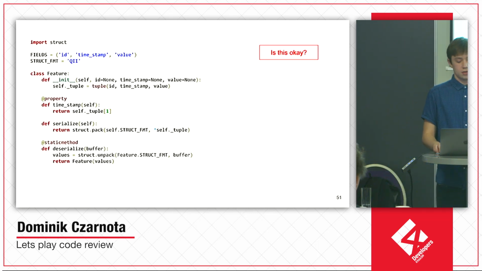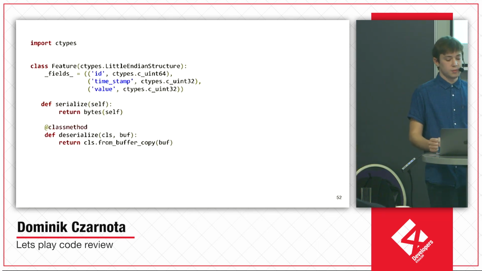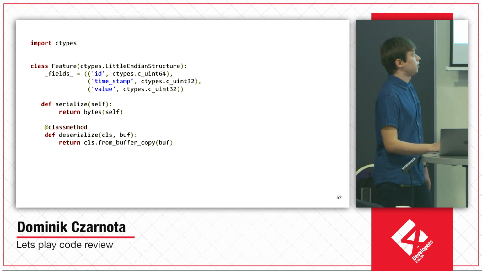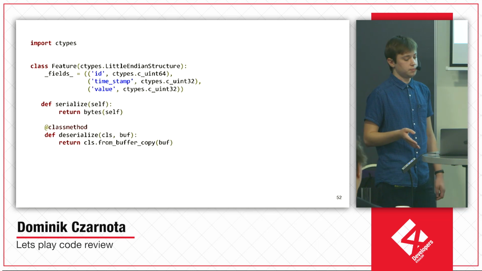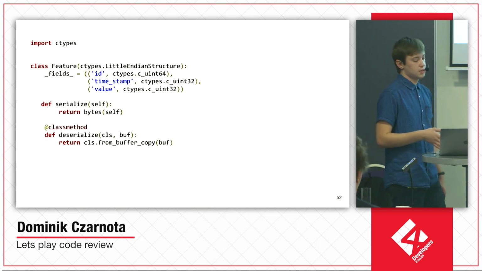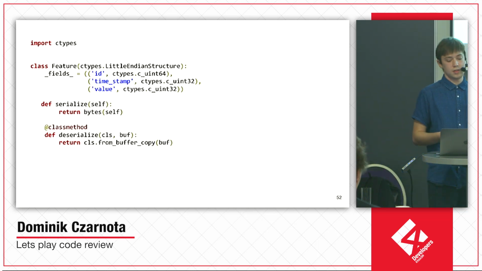But there is a much easier way to deal with such data in Python, because there is a ctypes module which is built in Python as well. And the ctypes module has, for example, little endian structure or big endian structure. The little and big endian change the way the data is stored, I mean, the ordering the data is stored inside of binary data.